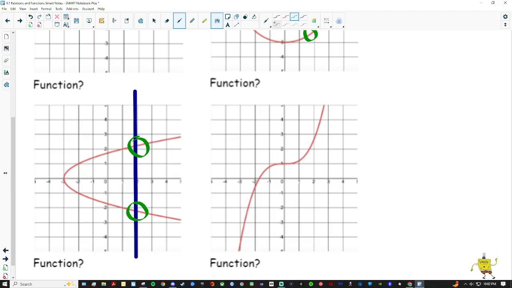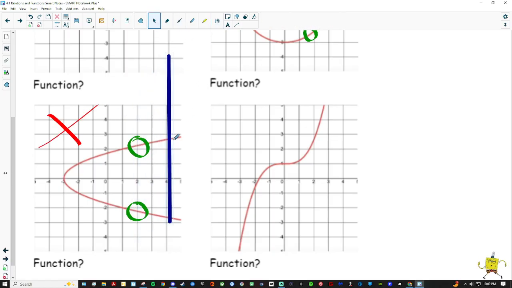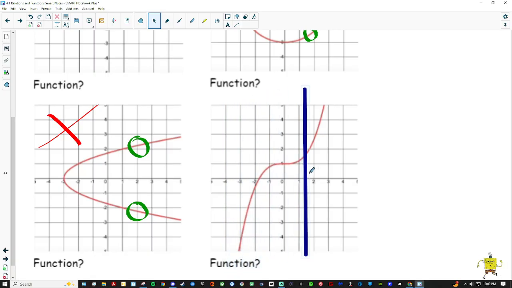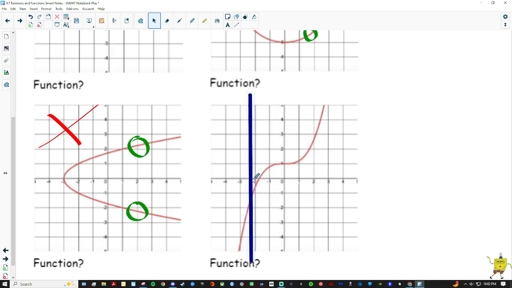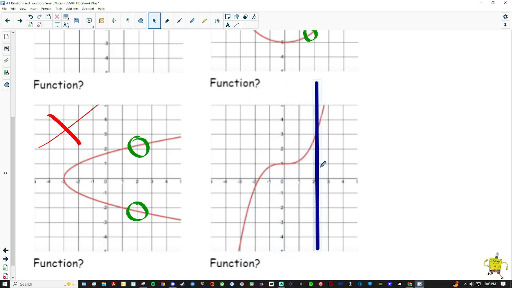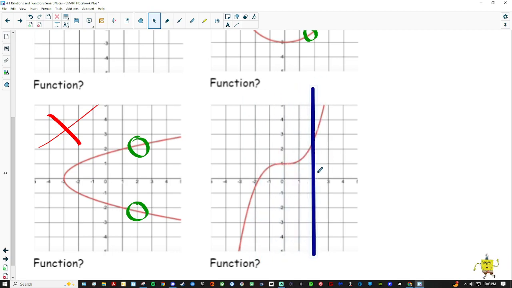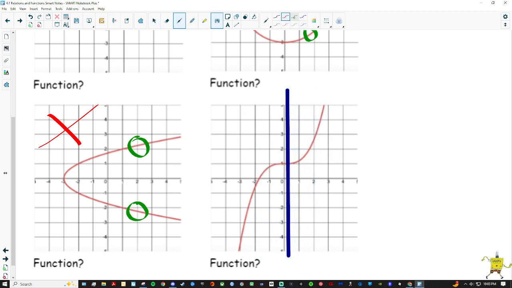If I ever hit my graph twice, then it fails. Okay? Here, no matter where I put my line, I'm only ever able to hit my graph one time. Since I can only hit the red line one time with a vertical line, this is in fact a function.